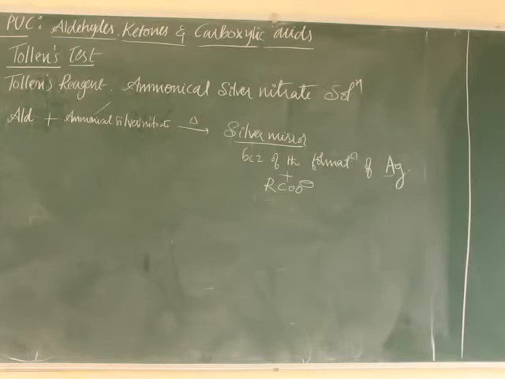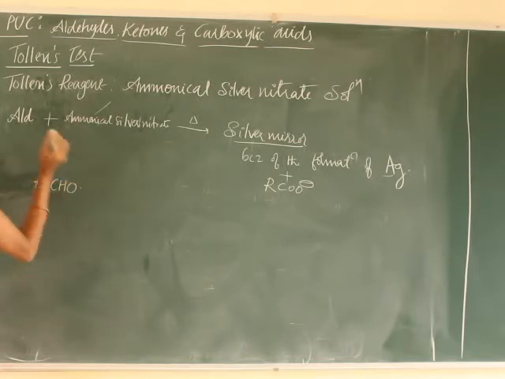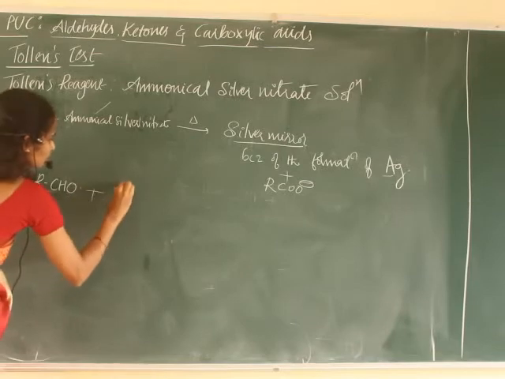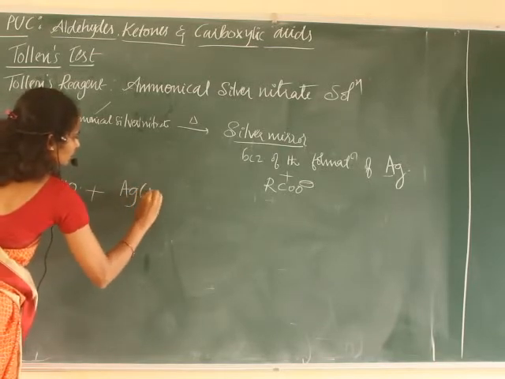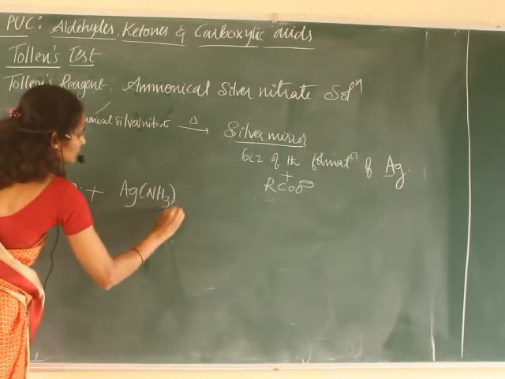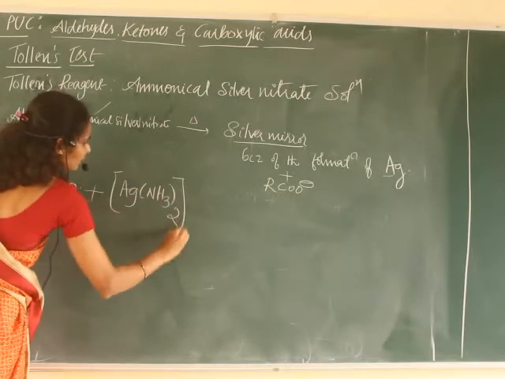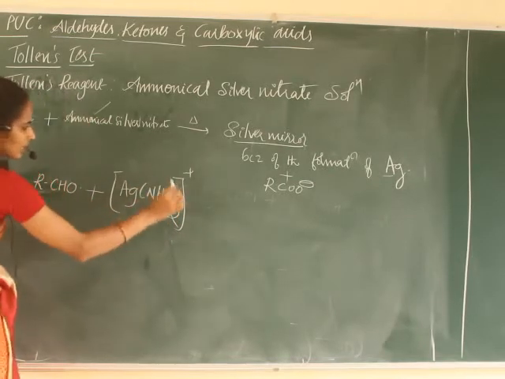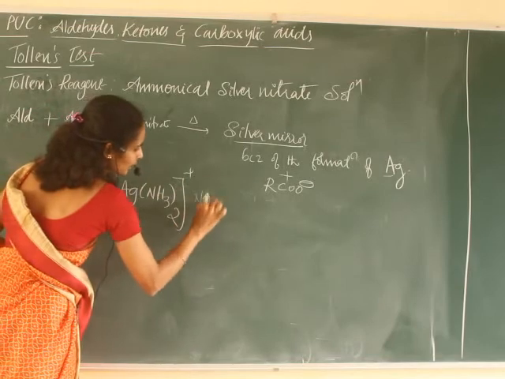The reaction is RCHO, aldehyde, on reaction with Ag(NH3)2+, ammoniacal silver nitrate, plus NO3 minus.